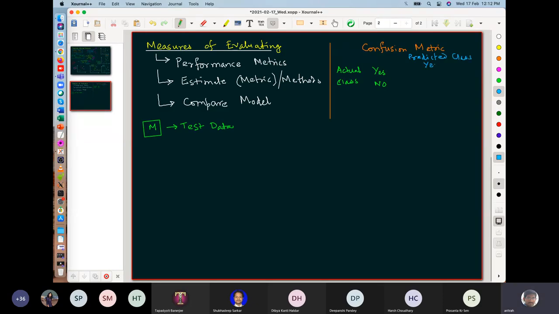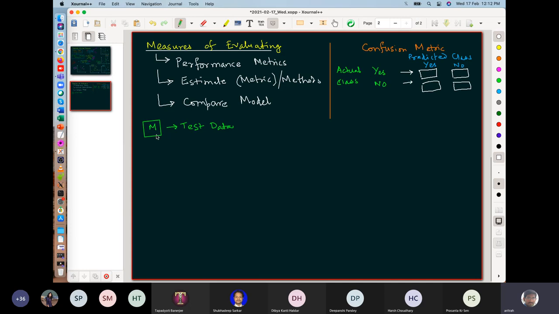Again, the predicted class could be yes or no. Depending on that, I will fill up this table, where each entry is the number of test examples falling in that category.